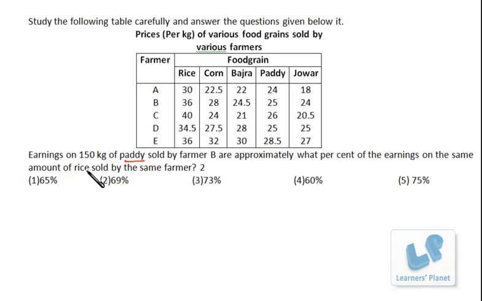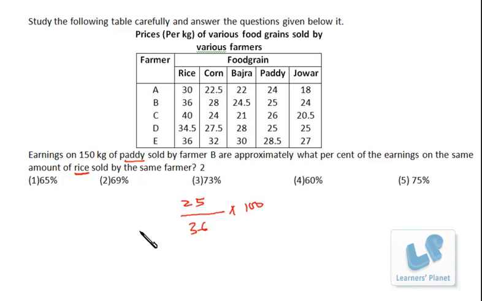Now what is asked, earning on paddy is what percent? So the pricing of paddy will come in numerator, right, for farmer B. So for farmer B, pricing of paddy is 25 divided by rice, right? So price of rice by farmer B is 36, right?